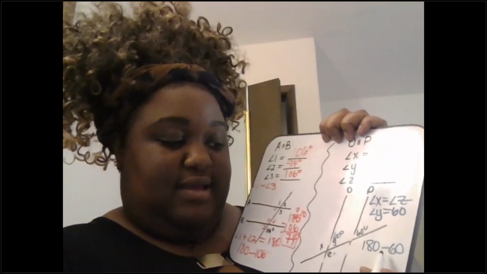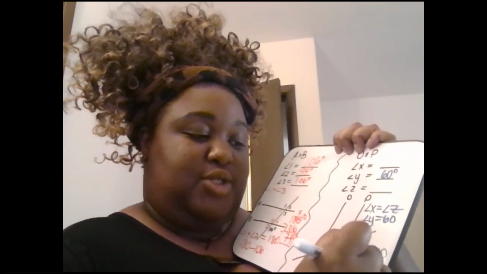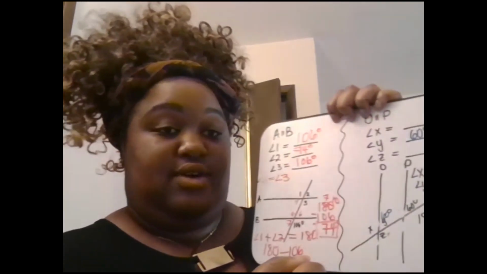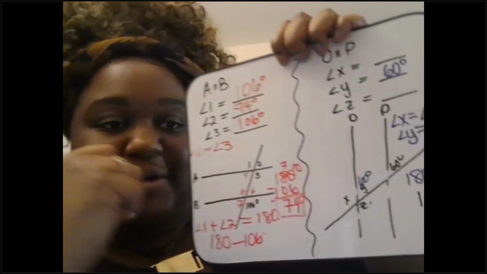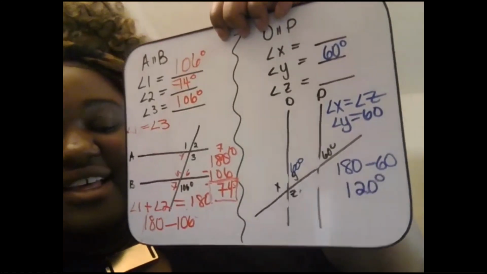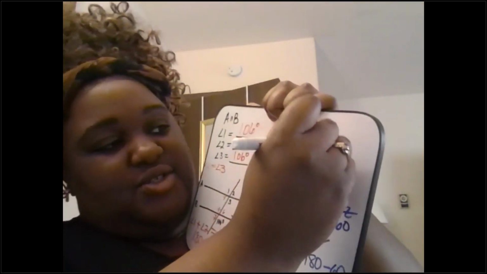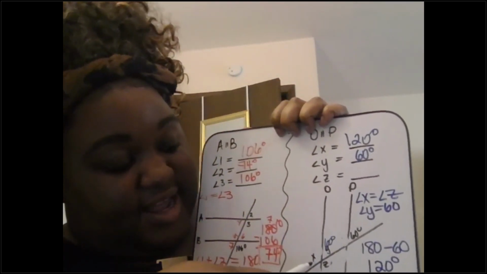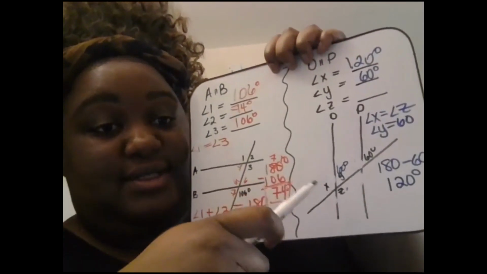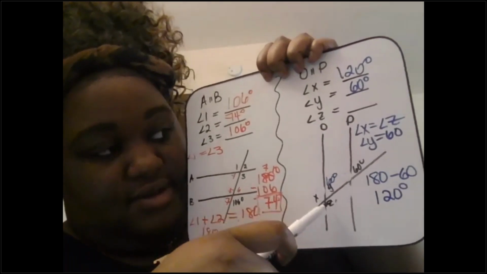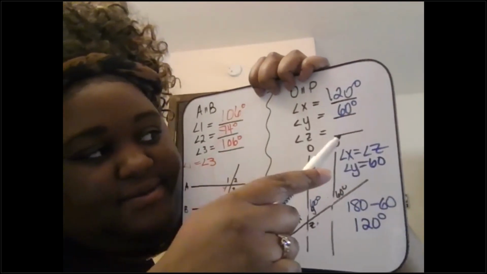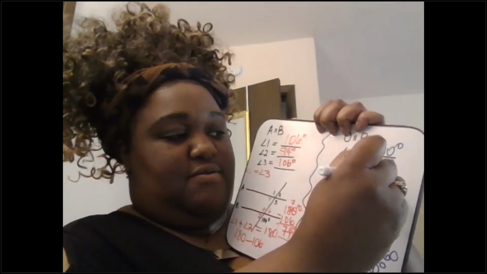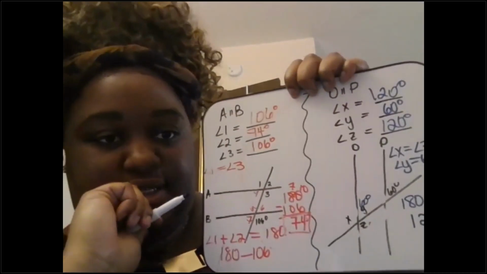So 180 minus 60 is 120 degrees. So X is 120 degrees. Now remember, we figured out earlier that X and Z are vertical angles. That means they're equal. So if X is 120, then Z is also 120 degrees.